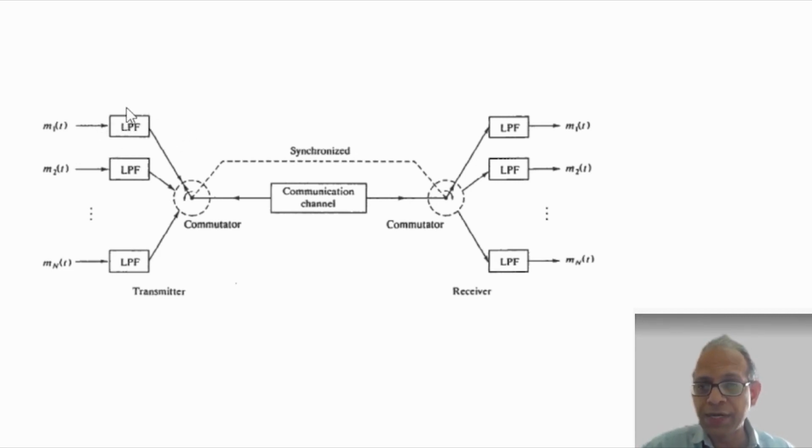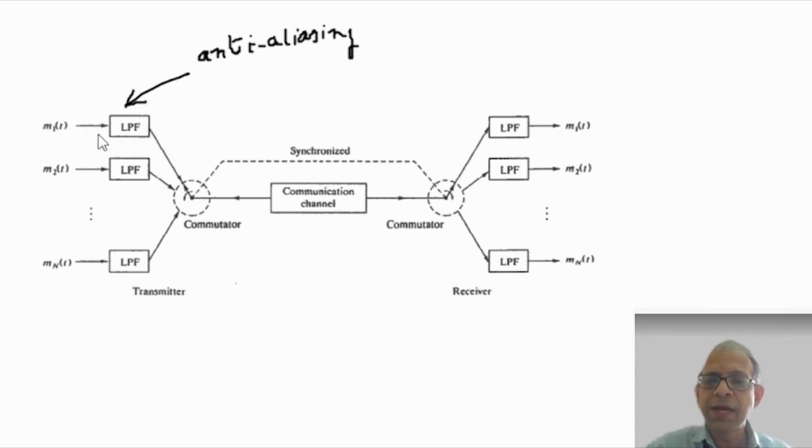These low pass filters act as anti-aliasing filters because their main job is to limit the high frequency components, which may be an undesirable part of the message, and which will ensure that if the sampling is done above the Nyquist rate, aliasing will not occur. So these are called anti-aliasing filters.